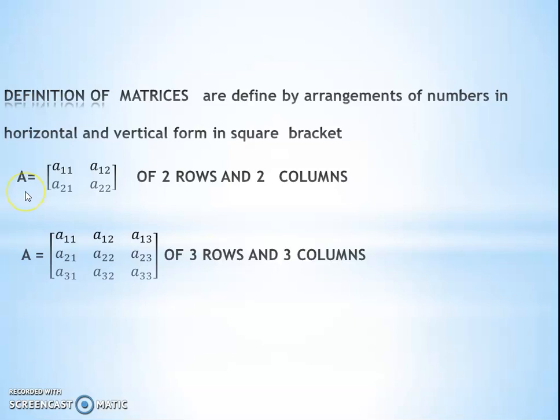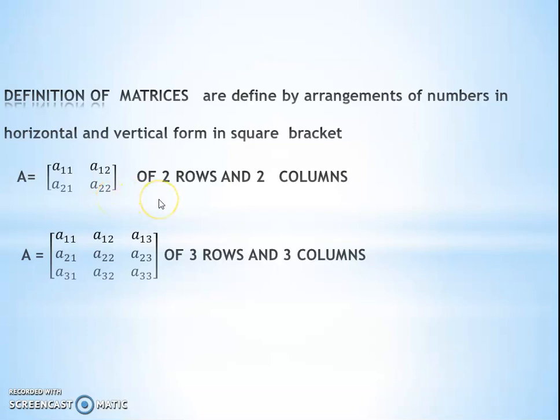A capital A is used for the matrix, or you can use any capital letter, but most probably capital A, is equal to a11, the first row first column element, a12 the first row second column element, a21 the second row first column element, a22 the second row second column element, that is aij.